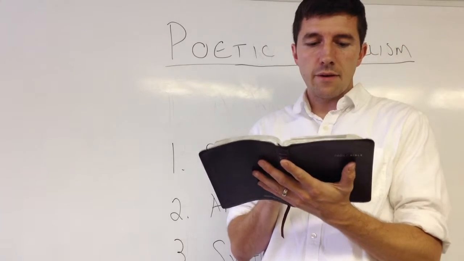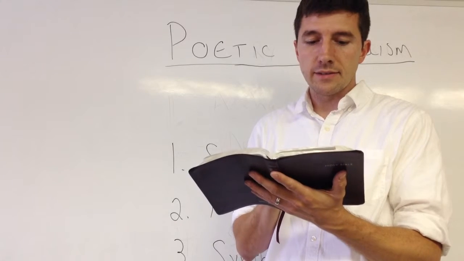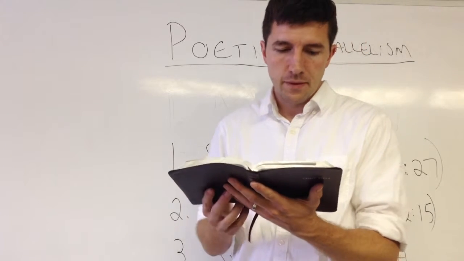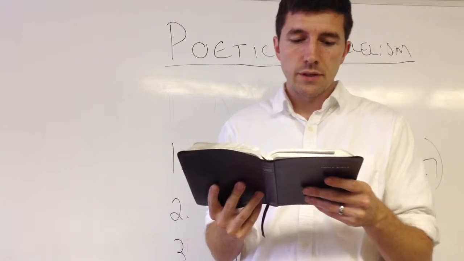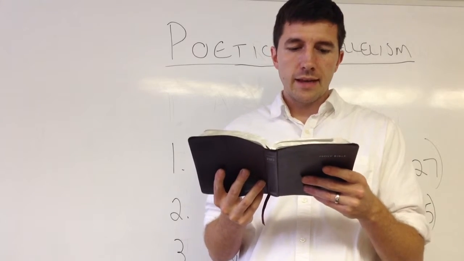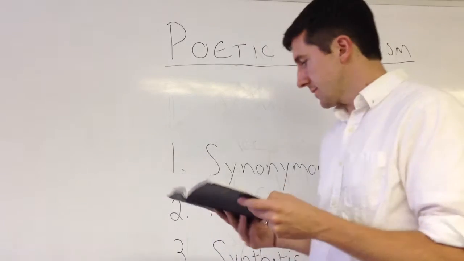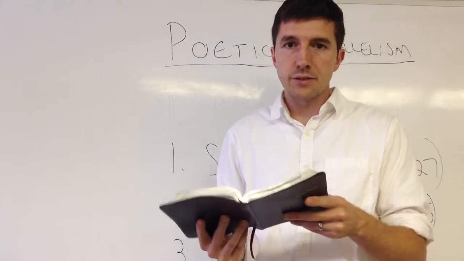Fools see their own way as right, but the wise listen to advice. So in the first line we're talking about fools, and it's their own way that is right. The second line, the antithesis, the wise, and what they do differently is they listen to advice.